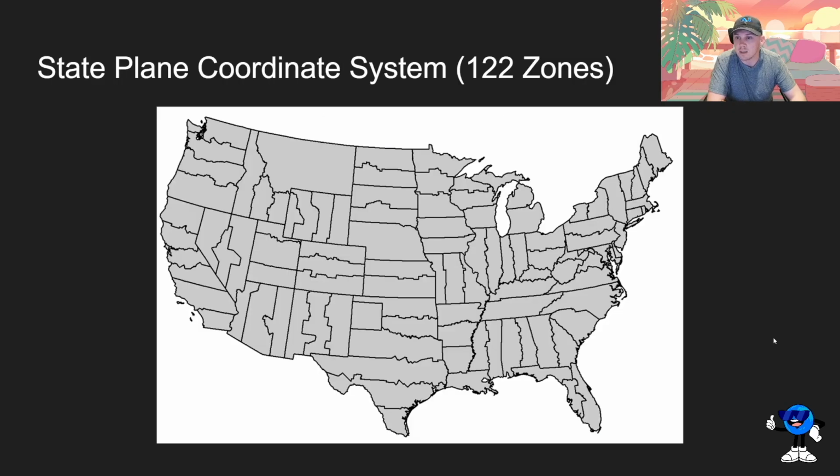So this leads us to the state plane coordinate system, which is made up of 122 different zones. It's another grid-based system for measuring and determining coordinates. It was designed in the 1930s before the advent of computers.